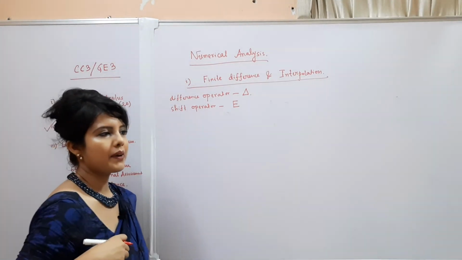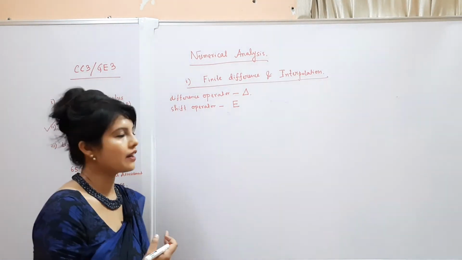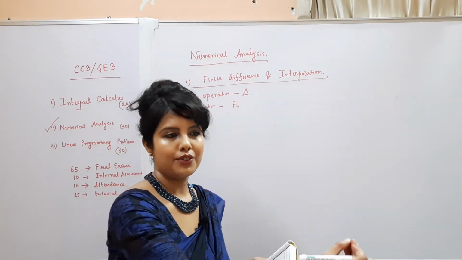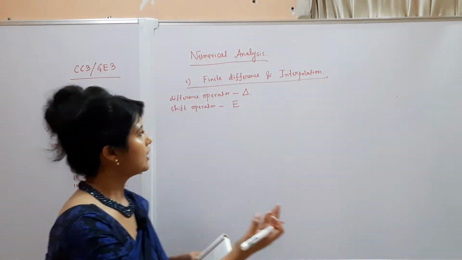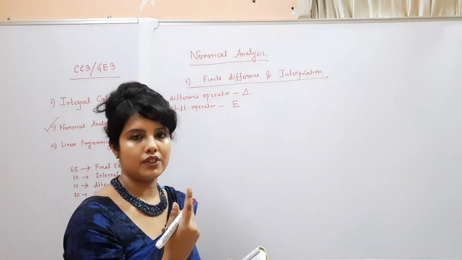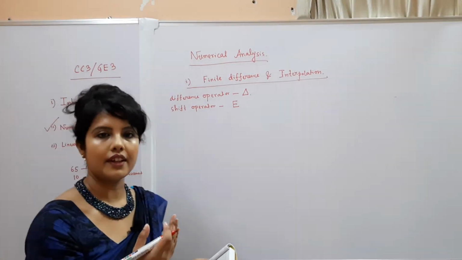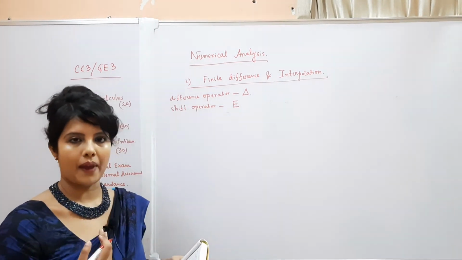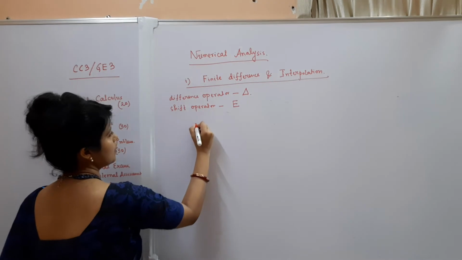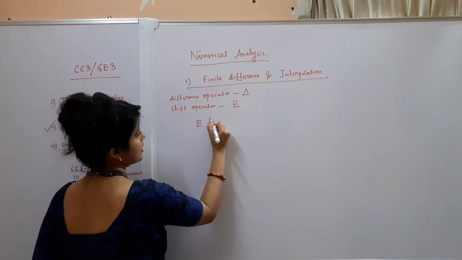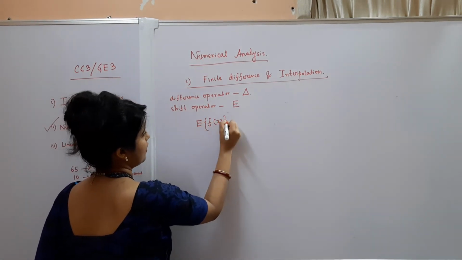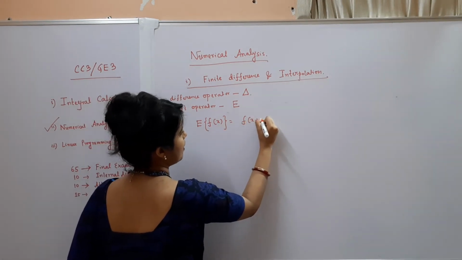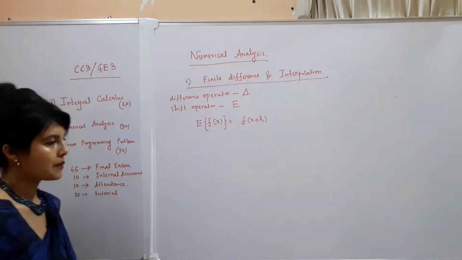The function of this shift operator is just shifting the function a forward step. Actually there are two kinds of shift operator: one is forward shifting and another is backward shifting. Whenever the shift operator is applied on f of x, it will move f of x to f of x plus h.